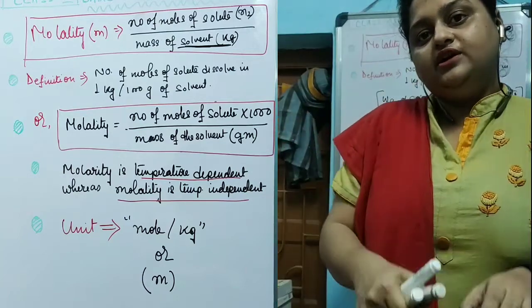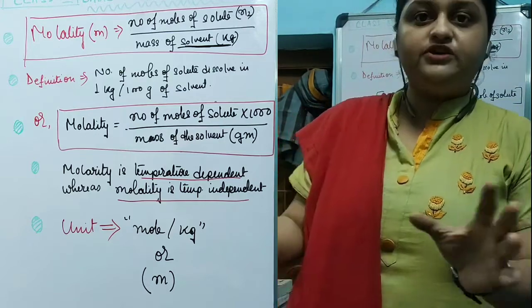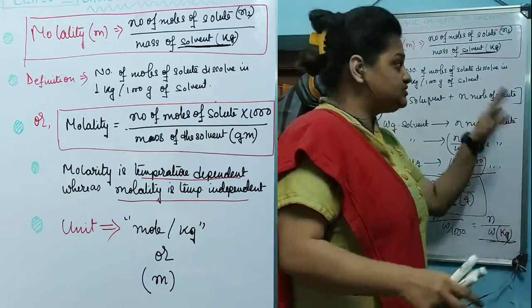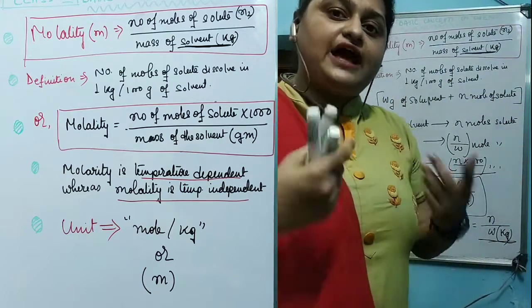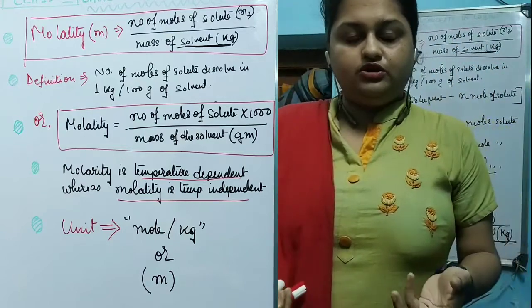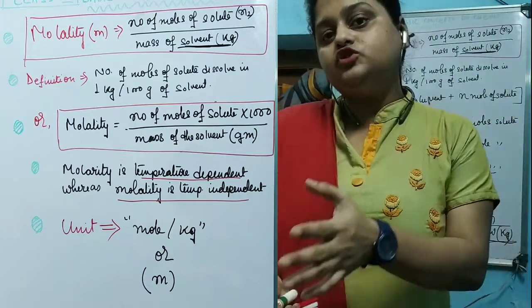So what they did, they tried to omit the entire volume factor from the strength calculation, and they came up with this molality concept, where they are calculating the strength of the solution, amount of the solute with respect to the mass of the solvent.